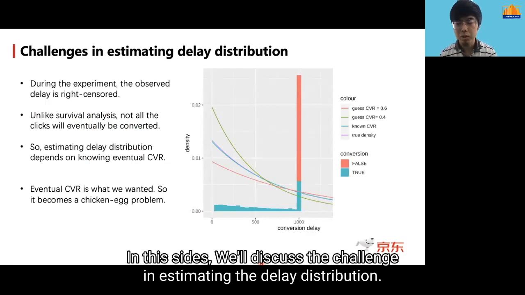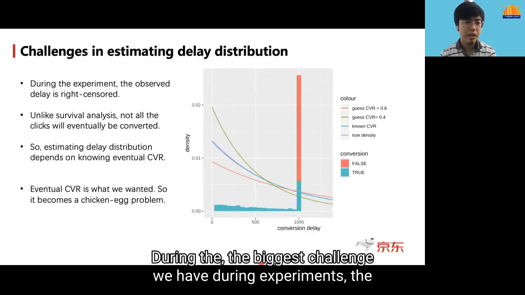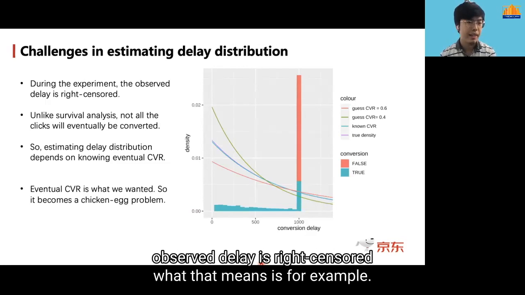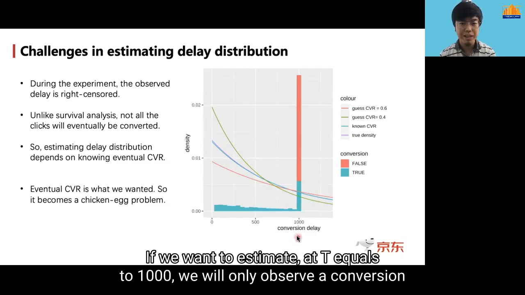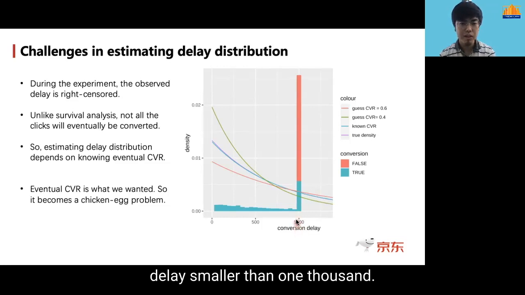In this slide, we'll discuss the challenge in estimating the delay distribution. The biggest challenge is that during the experiments, the observed delay is right censored. What that means is, for example, if we want to estimate at t equals 1,000, we'll only observe conversion delays smaller than 1,000.